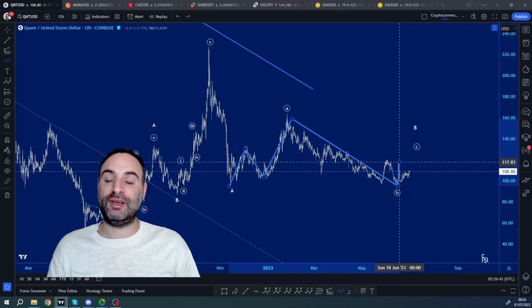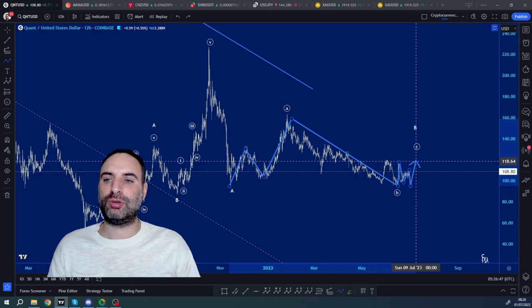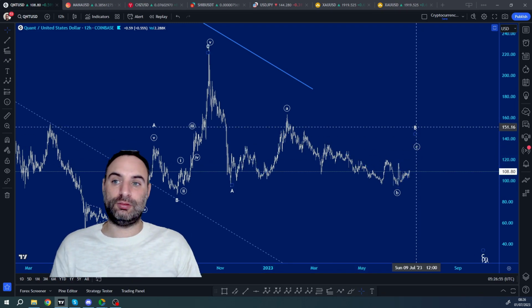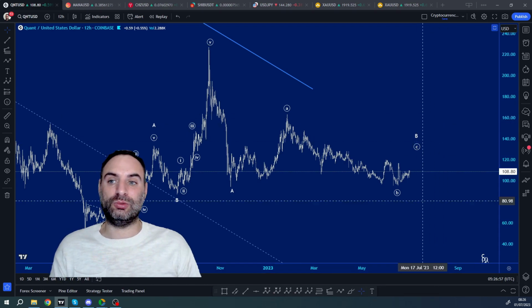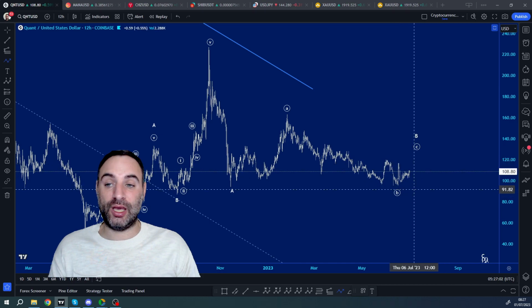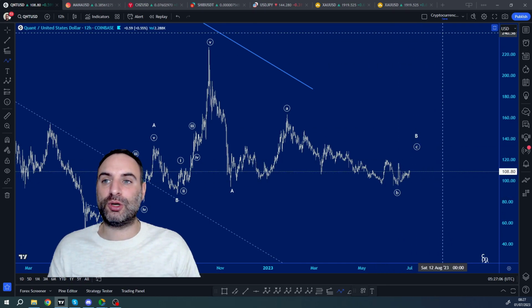So even if this is a leading diagonal, as we said, but we don't really support that case, it could end up being just a simple ABC correction for a triangle wave. So even if we do see this turning out being a leading diagonal, I repeat, it doesn't necessarily mean we finished here and we're going up.